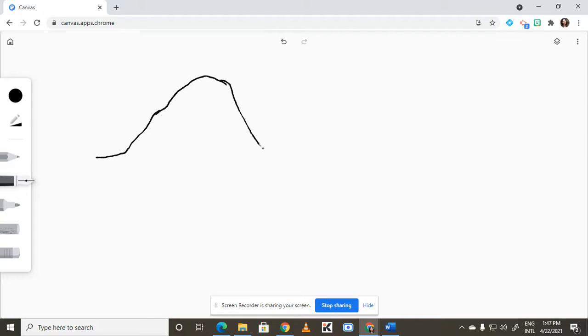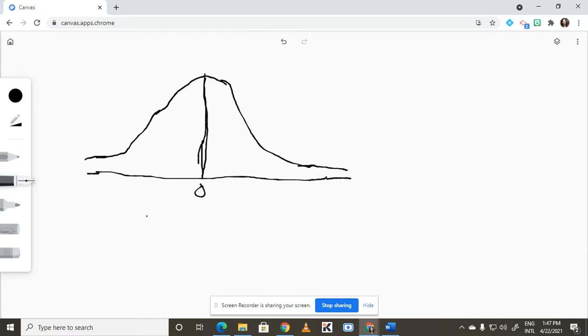Symmetrical, pag sinabing symmetrical, kapag nag-drawing tayo ng line sa gitna, it divides the graph into two equal parts. And therefore, the tails are asymptotic to the baseline. So, pag sinabing asymptotic, itong dulo na to, hindi siya dumidikit dyan. Okay? So, that's it. So, nakapag-drawing ka na, take note, andito yung 0. Okay?